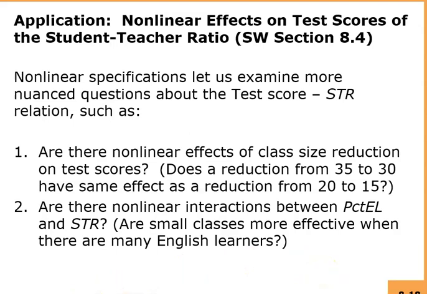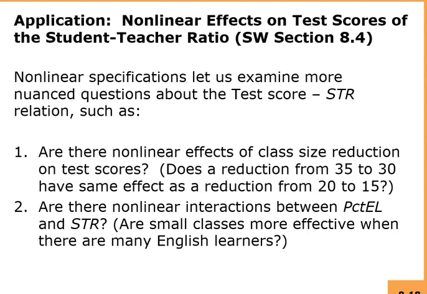So now we return to the application of this interaction analysis on the relationship between test scores and student-teacher ratio. A nonlinear specification will let us examine more nuanced questions about this relationship. Suppose the first question you are interested in is: are there nonlinear effects of class size reduction on test scores?